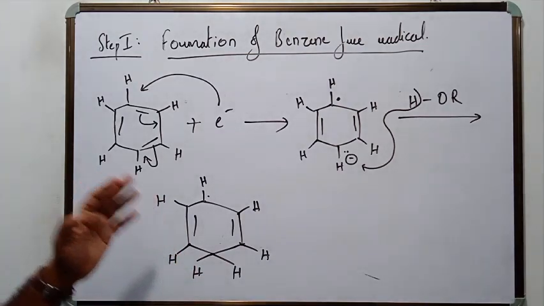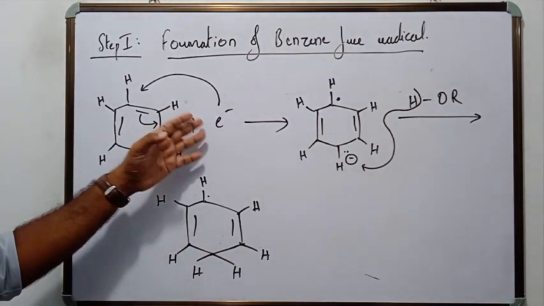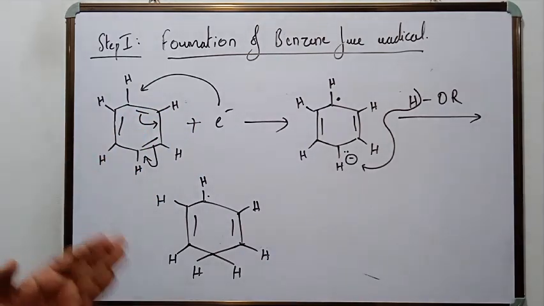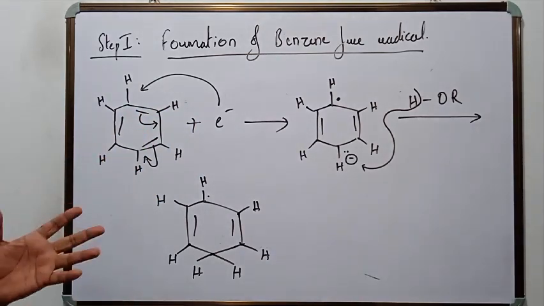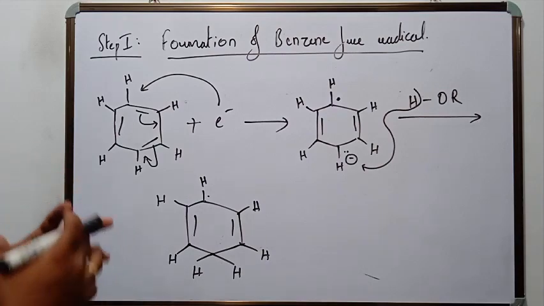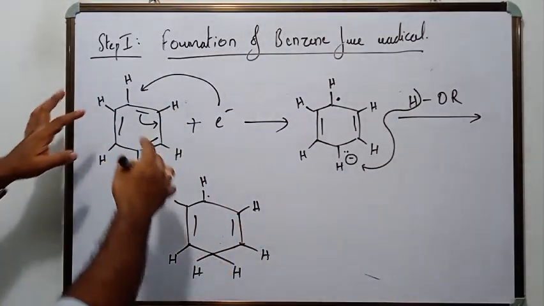The electron will be actually stable when it gets associated with a molecule like benzene. Then only it would get actual stabilization. So what the electron does is dissociate from its solvating effect. It comes out of the solvent, dissociates from its solvation effects, and it attacks the benzene ring.